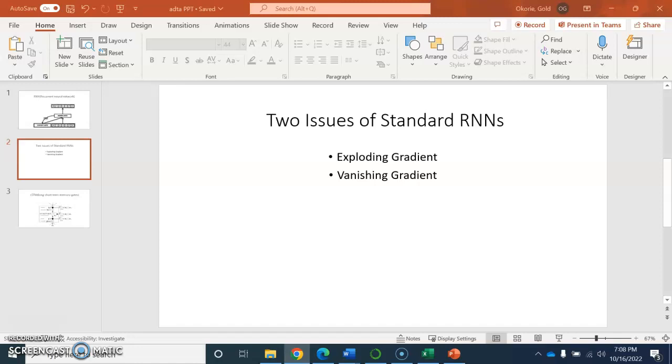This was a major problem, and it's a much harder problem to solve than the exploding gradient. Fortunately, to solve the vanishing gradients, we introduced the concept of the LSTM, which is the long short-term memory, and we would explore that further.